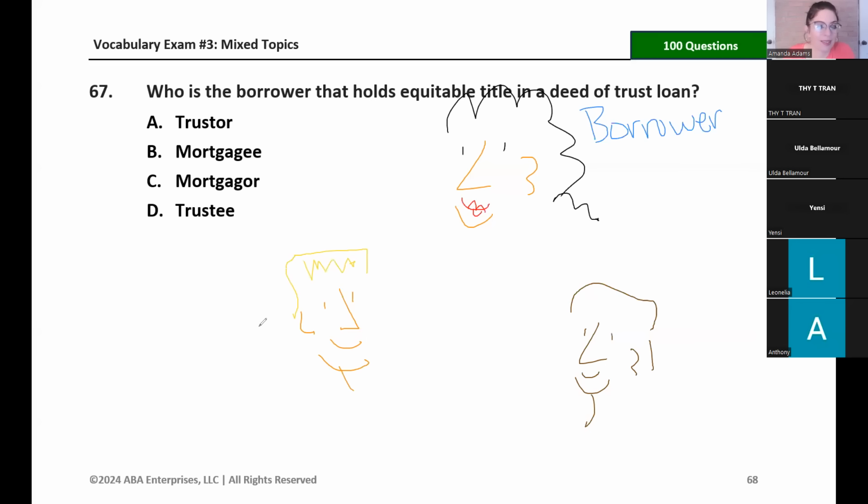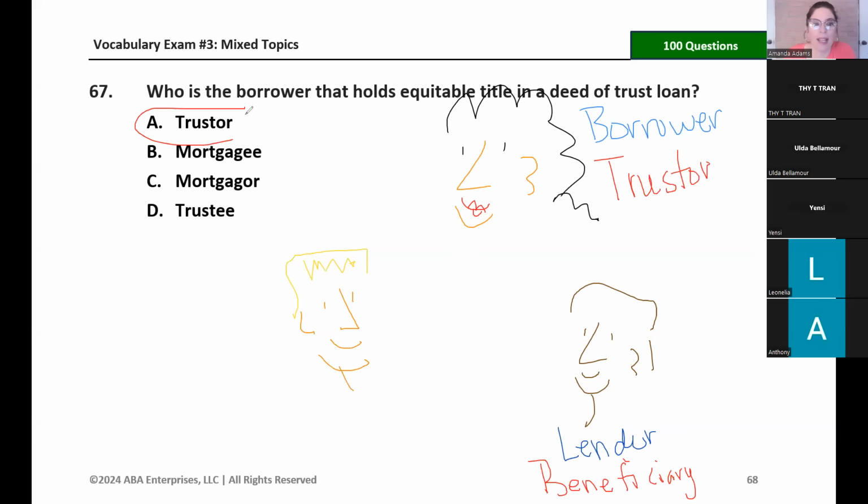All right, so our lender is called the beneficiary. They're benefiting from the loan. Beneficiary. All right. So the question is, what do we call the borrower? The borrower is actually called the trustor.